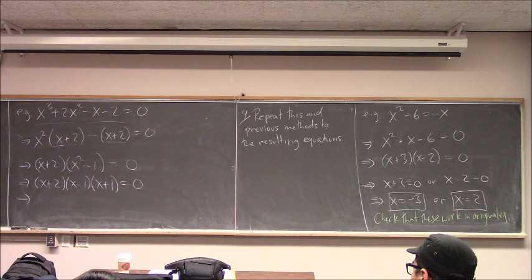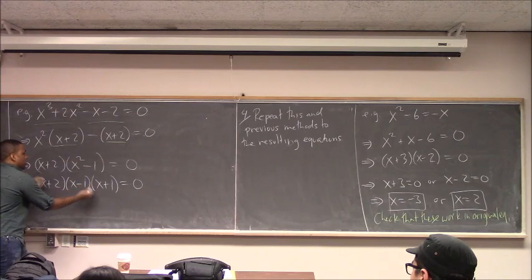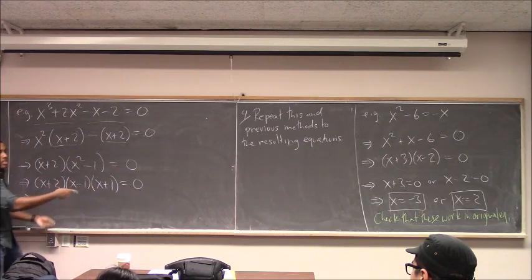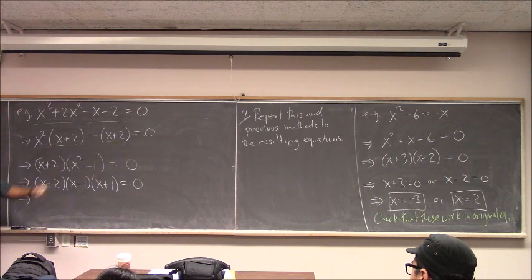So the zero factor property would say that either this or that is 0. I know the zero factor property has 2 things in it, but you can extend this to several things, because you can think of this as one thing and that as one thing, and apply the property again, so you can eventually get any length of multiplications equal to 0. You can set each one equal to 0.